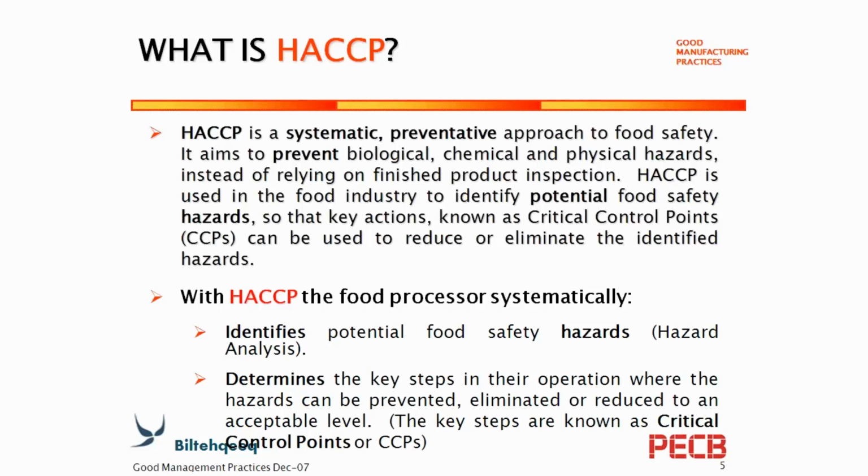Maybe if you are purchasing material and introducing it in your manufacturing process, you have to introduce some check to control these hazards at this point, or maybe it can be the people who are in the manufacturing process of the food, and they can be a cause of the hazard, and you have to introduce a control to eliminate these hazards, so that no hazard can come into your system through these people.